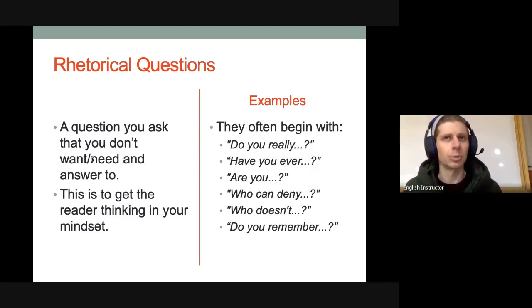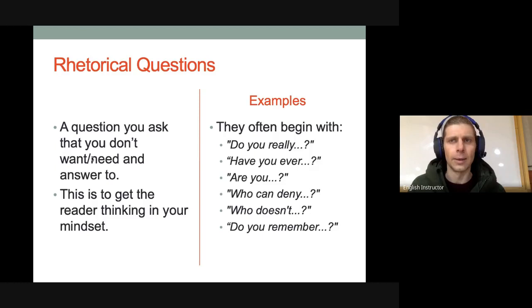Now, you have to be careful because not all questions that you ask in a speech are going to be rhetorical. Sometimes you're going to say things like, "How many of you, or rather, raise your hand.